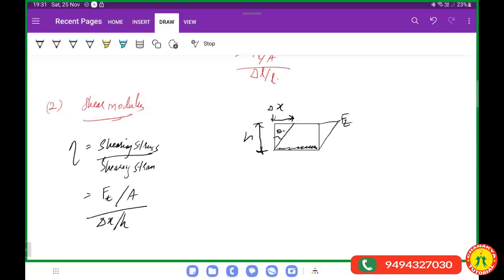See, one thing to keep in mind: no change in volume, only shape is changing. The shape is deforming, maybe increasing or decreasing, whatever.